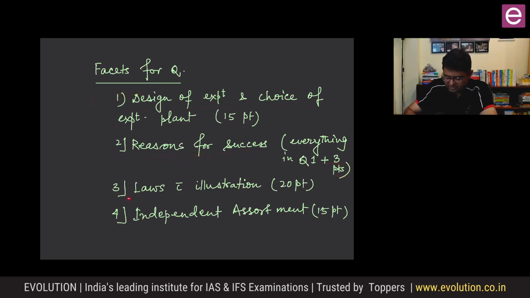Then Mendel's laws, segregation with a cross, independent assortment with a cross. So about 20 points to explain plus the chart. And prepare independent assortment separately because it is an important one. It had come even last year, 2022. So these are the questions that you should be preparing.